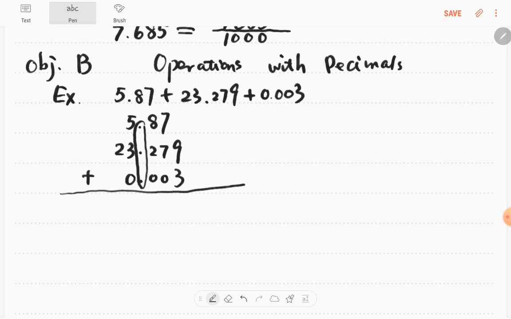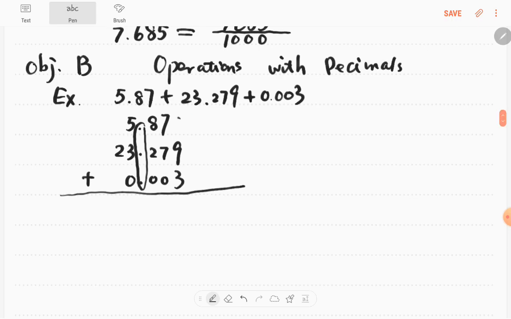Then the remaining thing is just as you do the addition with whole numbers, right? So if there's an empty place, we can put a 0. Then we just do the addition here. 9 plus 3 equals 12, so 2. And here we have 7 plus 7 and the 1, so that will be 15.